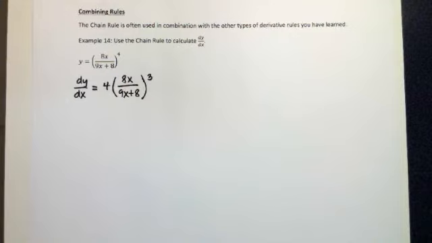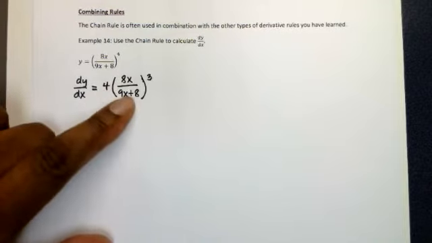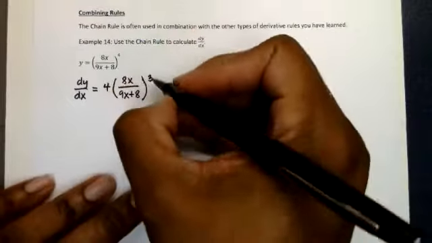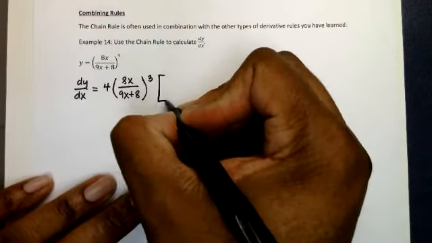So it'll be 4 times the quantity 8x divided by 9x plus 8, all raised to the 3rd power. But we got to take the derivative of this inside function right here. Notice we have a numerator and a denominator, so that means we need to apply the quotient rule. Okay, we need to do the quotient rule here.